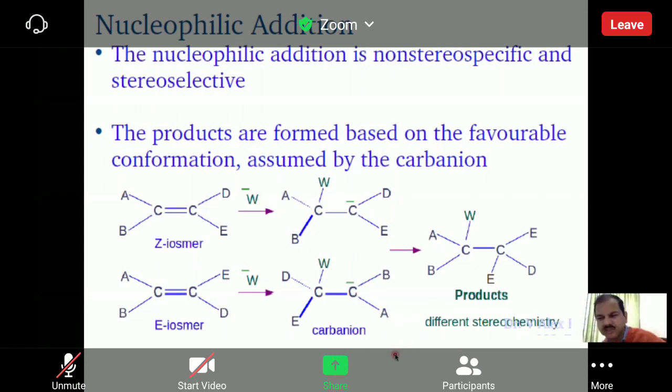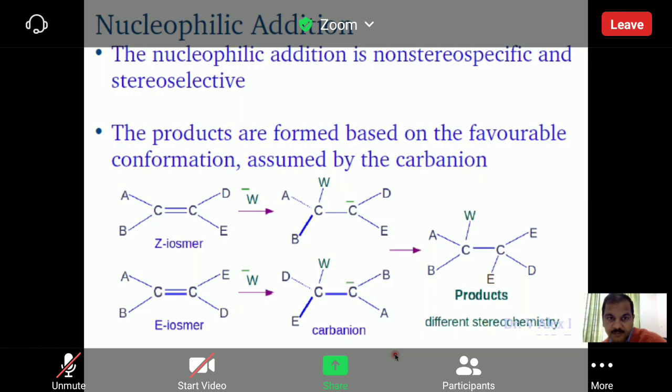So is this stereoselective or stereospecific? If you know stereospecific, you know stereoselective. Stereoselective depends on the product. Stereospecific means it depends on the stereochemistry of the starting compound. So this is a stereoselective nucleophilic addition reaction.